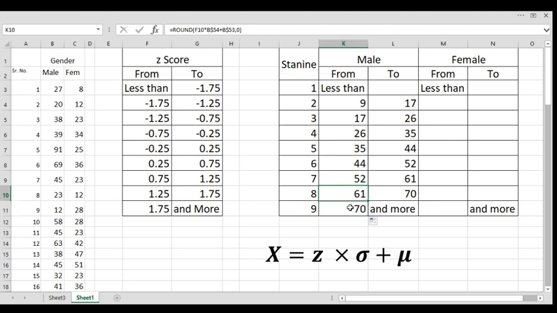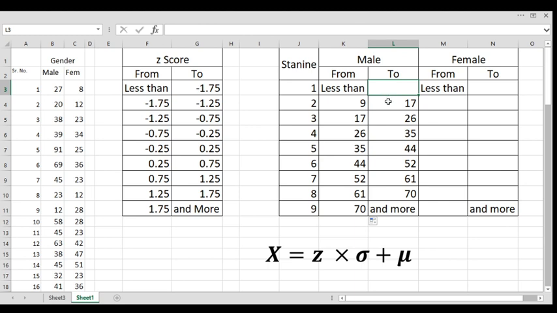Then the formula to find the starting point of 9th stanine will be copied, and we will get the result. In the same way, for first stanine, the ending point is not there.